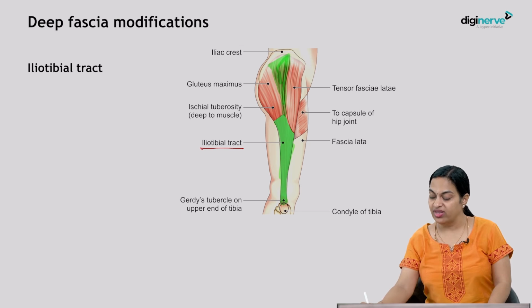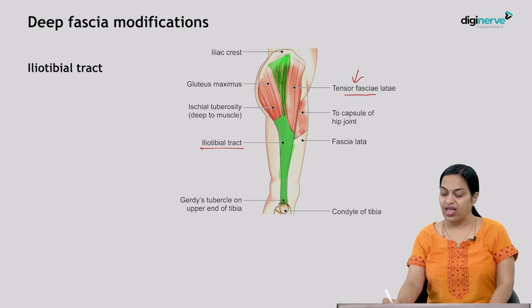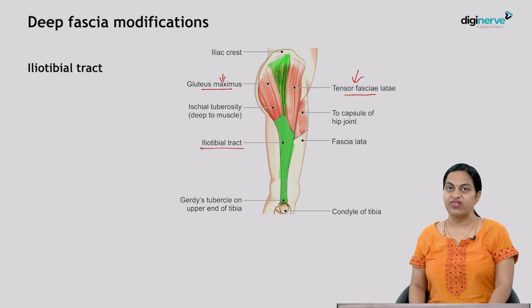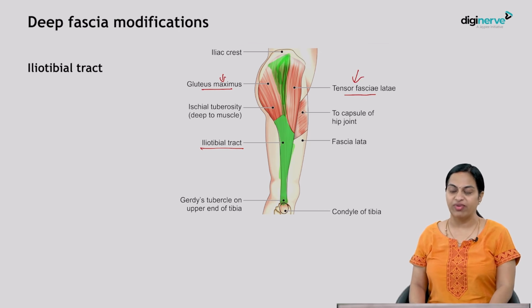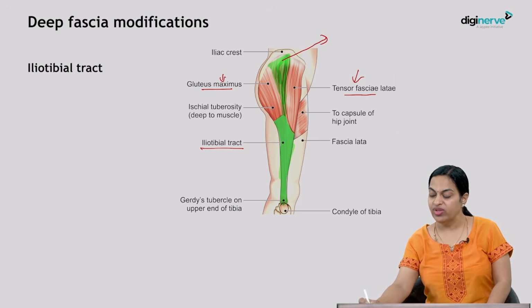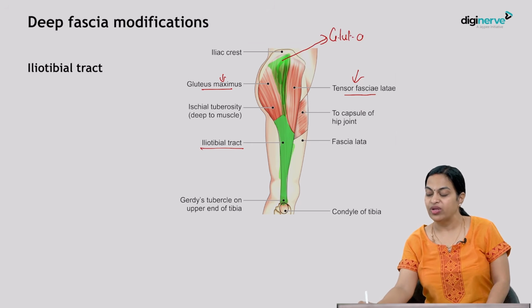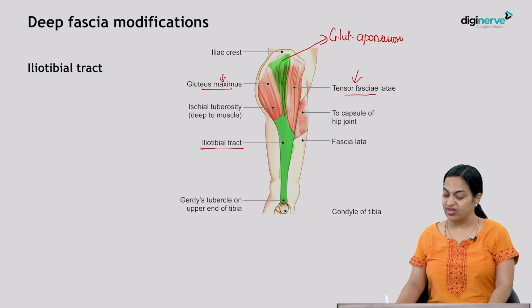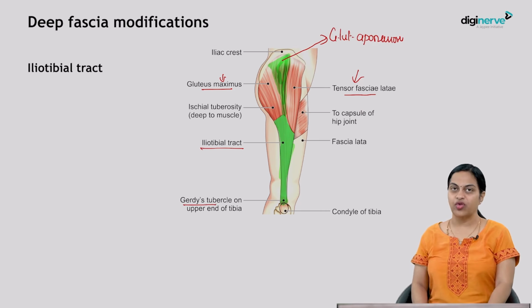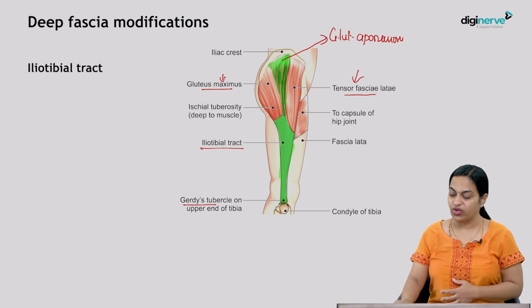Please look for the tensor fascia lata muscle and also the gluteus maximus muscle, which are inserted into this iliotibial tract. Between the two is the gluteal aponeurosis, and underneath it is the gluteus medius muscle. Its lower attachment is Gerdy's tubercle. All these are important MCQ spotter questions, right?